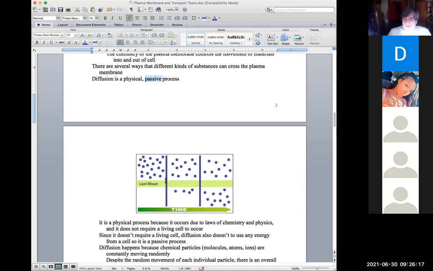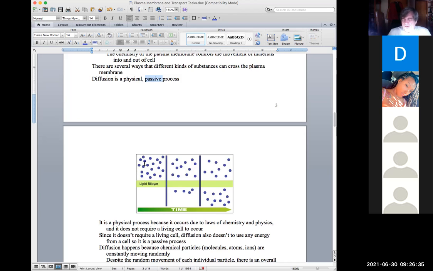Even though they move completely randomly, we see a pattern because of this random movement. When we have particles that are free to move, they're free to diffuse.